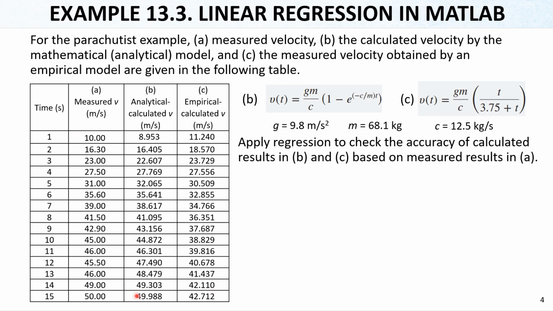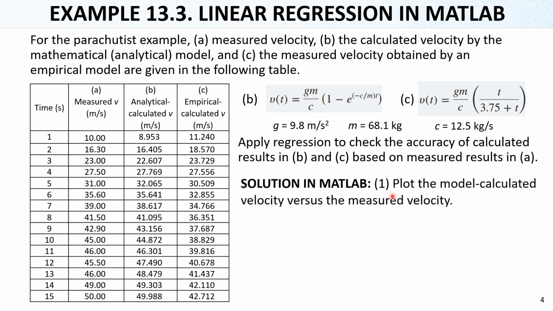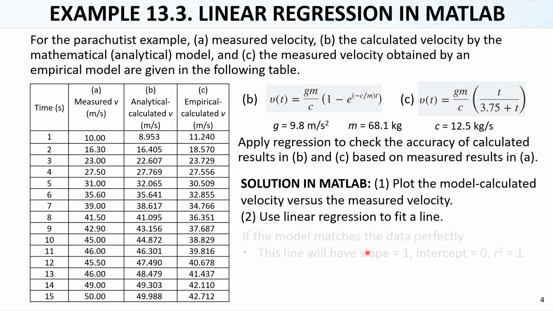So we will have two data correlations to check these based on A. And if this line is a straight, 45-degree line, that means the model data is very good. And if not, it is bad. So for that, we need to plot the model calculated velocity versus the measured velocity, for example B versus A, and also C versus A. Then we will use linear regression to fit a line to these data.